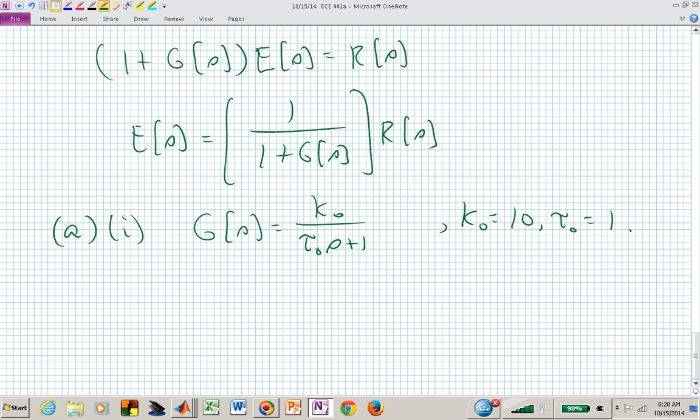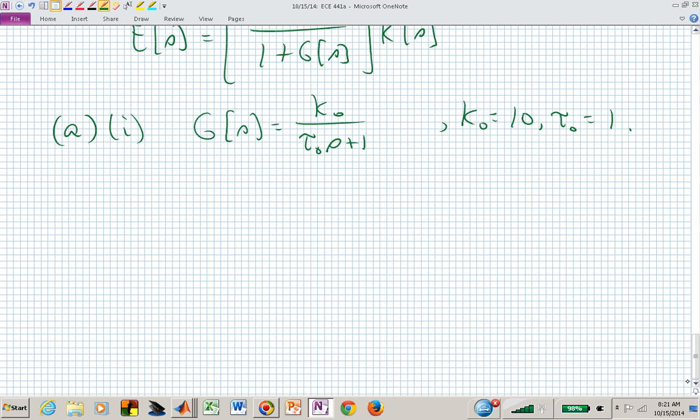That was the open loop system. It had a DC gain of 10, which we can find by letting s go to 0. And the open loop system had a time constant of 1. If we close the system, the closed loop system was stable.